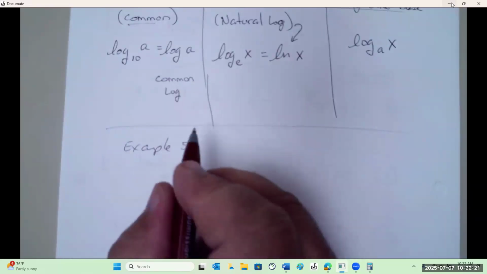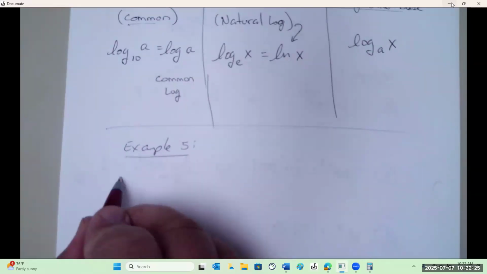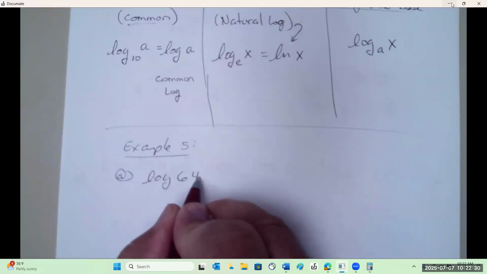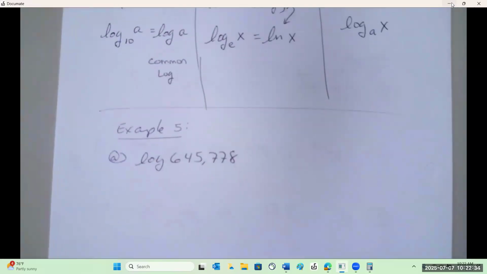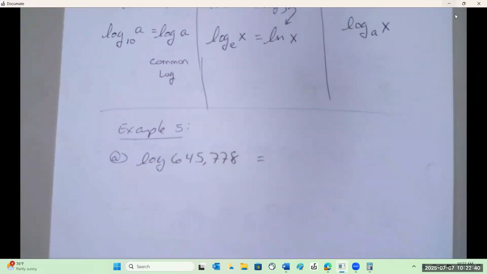Example 5. How would you put this in a calculator? Well, you go to your calculator.